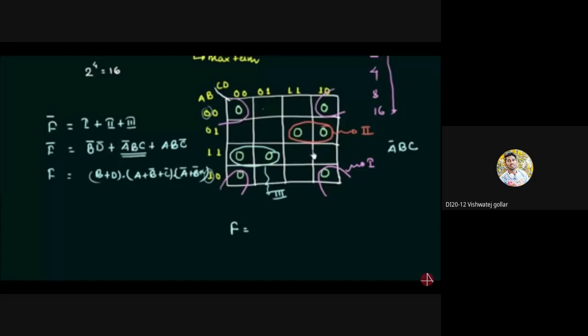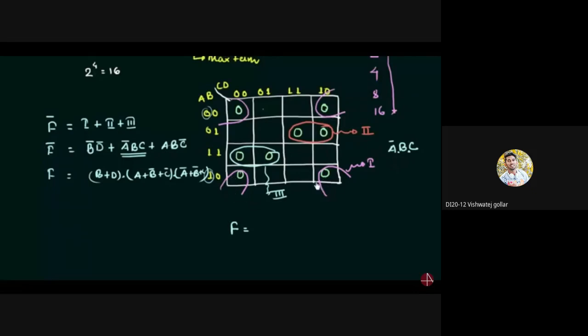But what we will do now, we will do two things. If any variable is 0, we'll write it as A instead of writing it as A complement, which means low is considered to be high and high is considered to be low, and also the AND operation is considered to be OR. Okay, so let's see how we can do it.